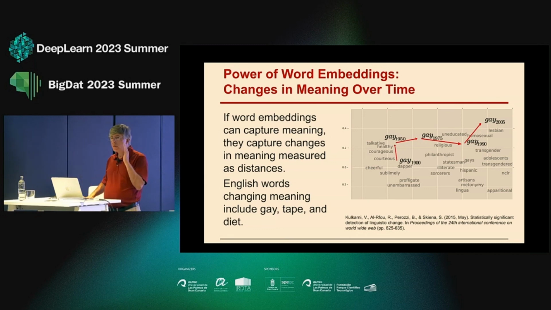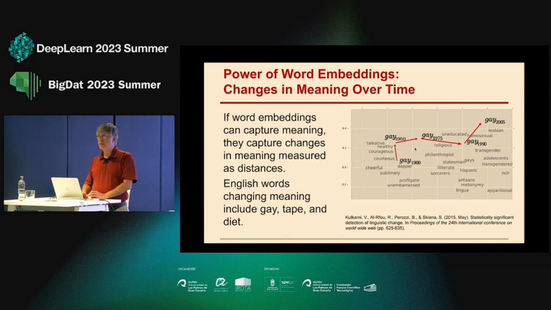How could we figure out when words have changed their meaning? This is a picture that we built in a paper of ours where we looked at what the word gay meant over time. You can see in this picture gay drifting from happy and cheerful to homosexual.